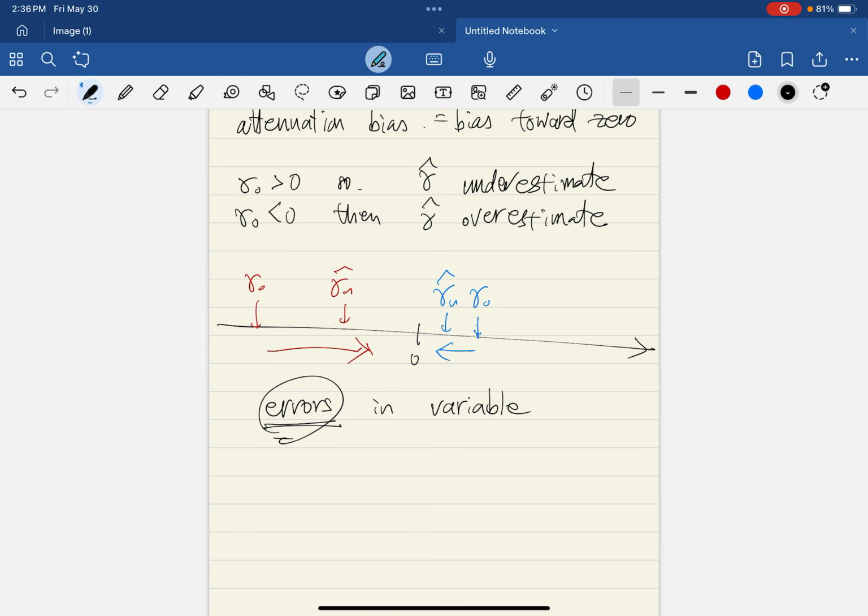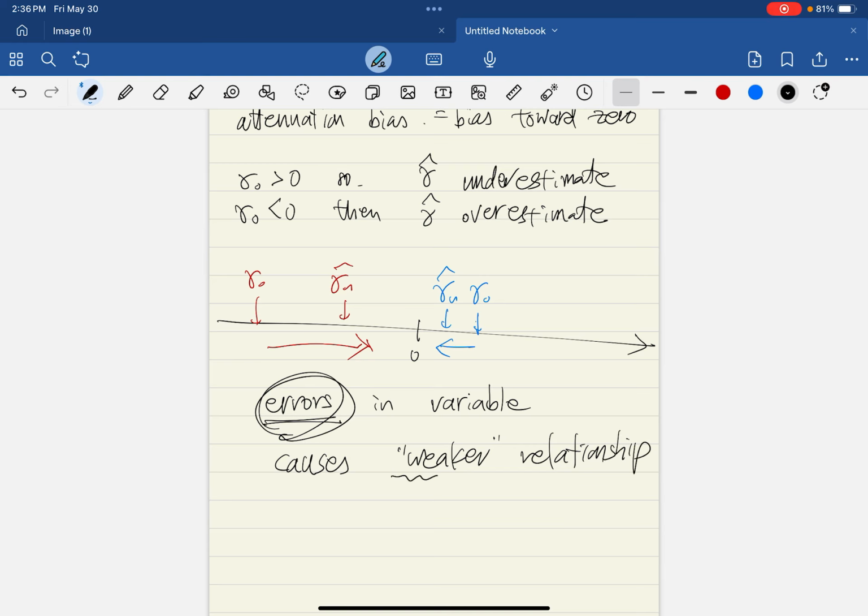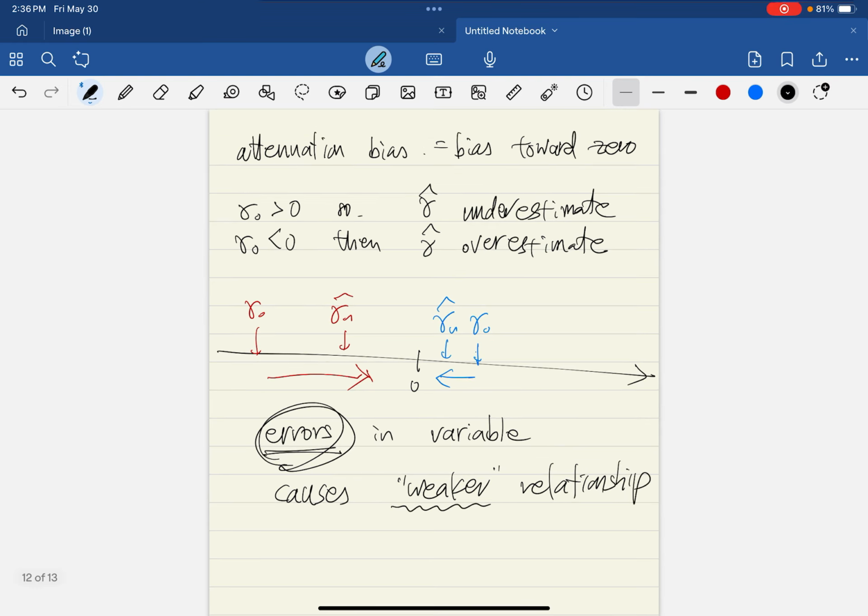So the output does not change. So this causes a weaker relationship. And by weaker, I mean biased toward 0. It may look like the actual relationship is weaker than the truth. That is what I wanted to add. I think I mentioned it in, I'm not sure, on homework 2. Should have mentioned it in homework 2.